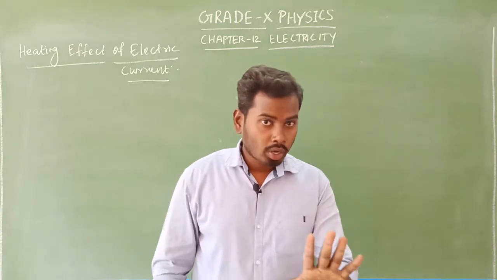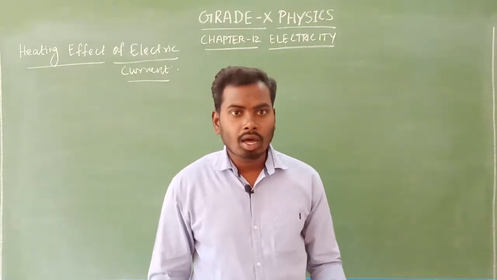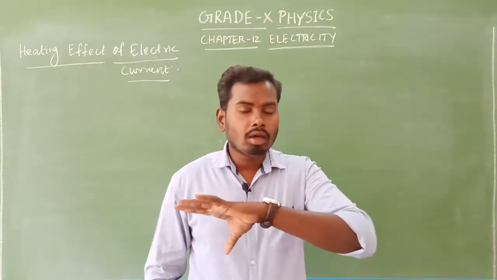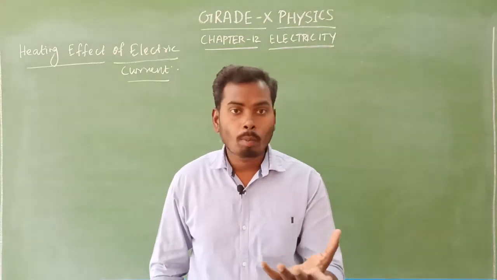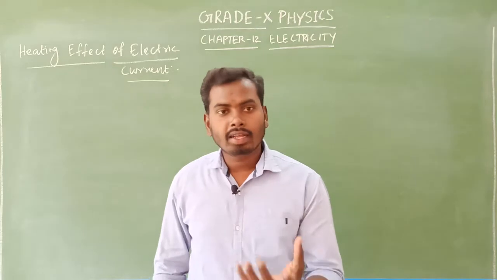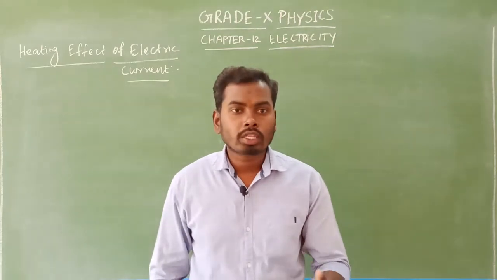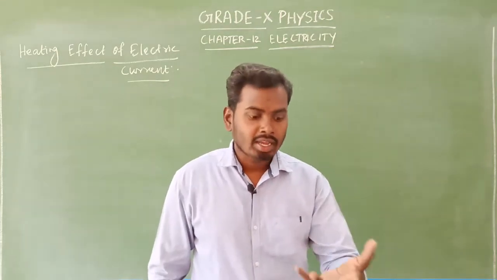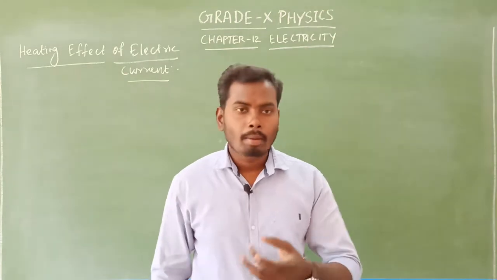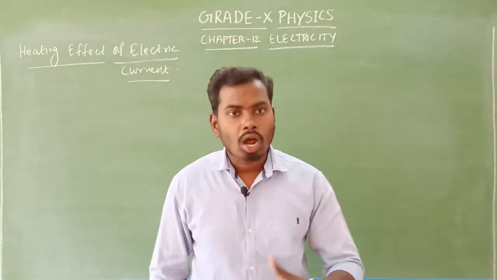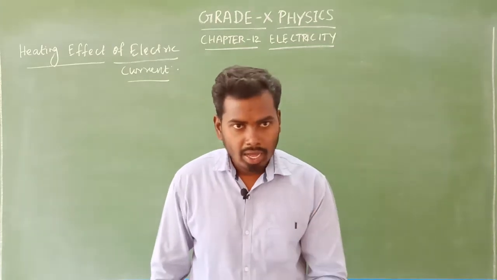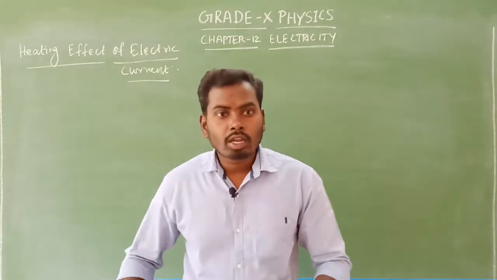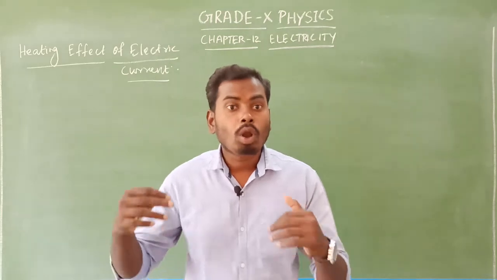But not all electrical appliances produce more heat. Only some, such as the electric iron, electric toaster, microwave oven, water heater, room heater and so many things, produce more heat, whereas most electrical appliances do not.